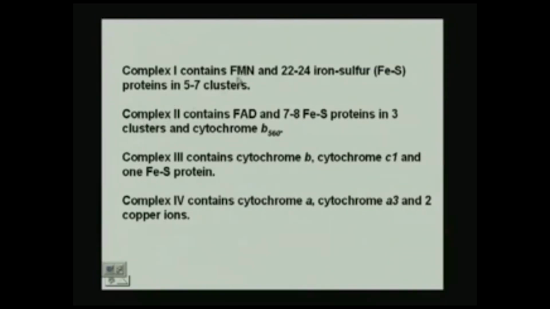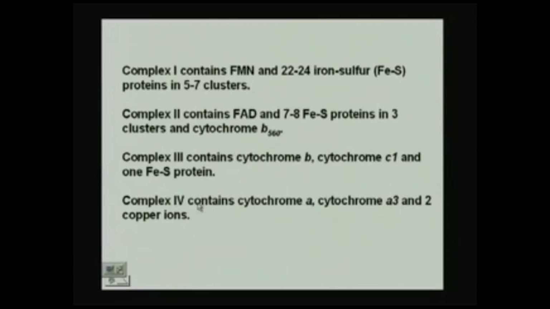So, these are the electron transfer cofactors present in complex 1. Okay? So, complex 1 has FMN and iron sulfur. Complex 2 has FAD, that is flavine adenine dinucleotide, and iron sulfur and cytochrome B. Complex 3 has cytochrome B, cytochrome C1 and an iron sulfur protein.